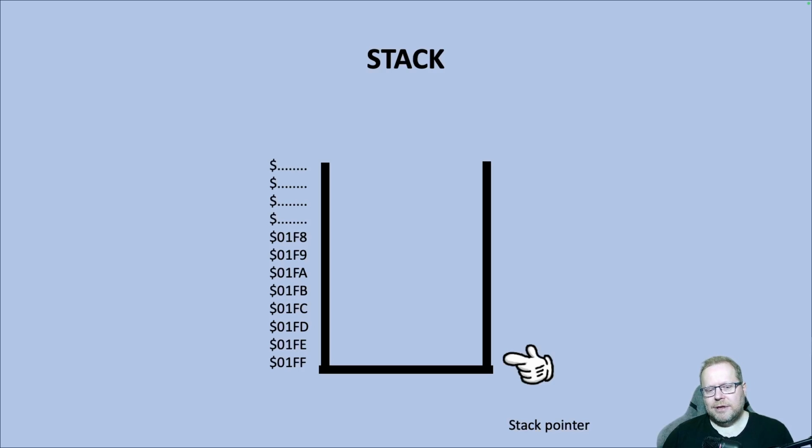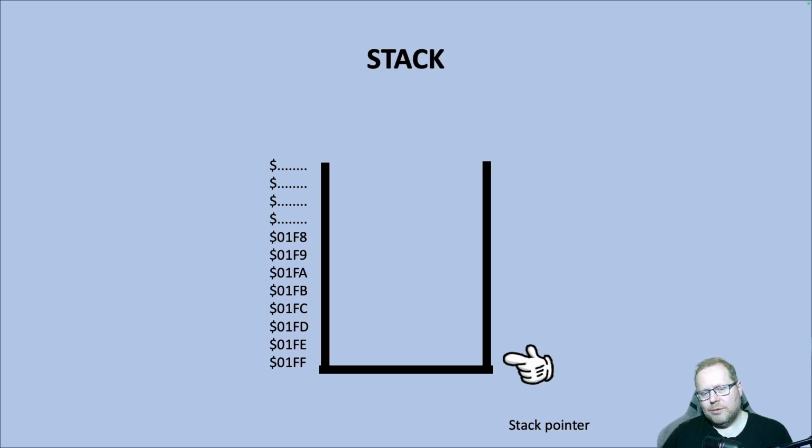So we have an area in the Commodore 64 memory assigned to the stack. We also have a little thing called the stack pointer, which I've drawn as a little hand pointing like that. That stack pointer keeps track of where we are in the stack.